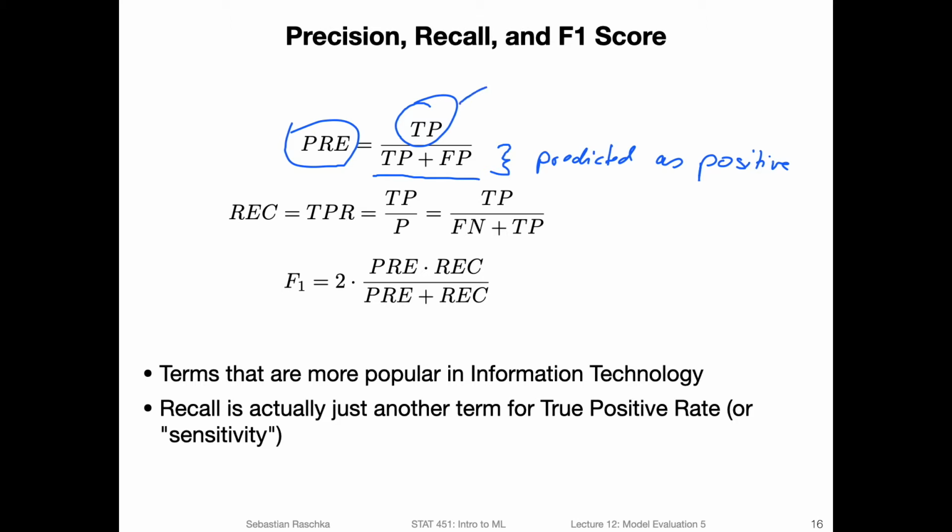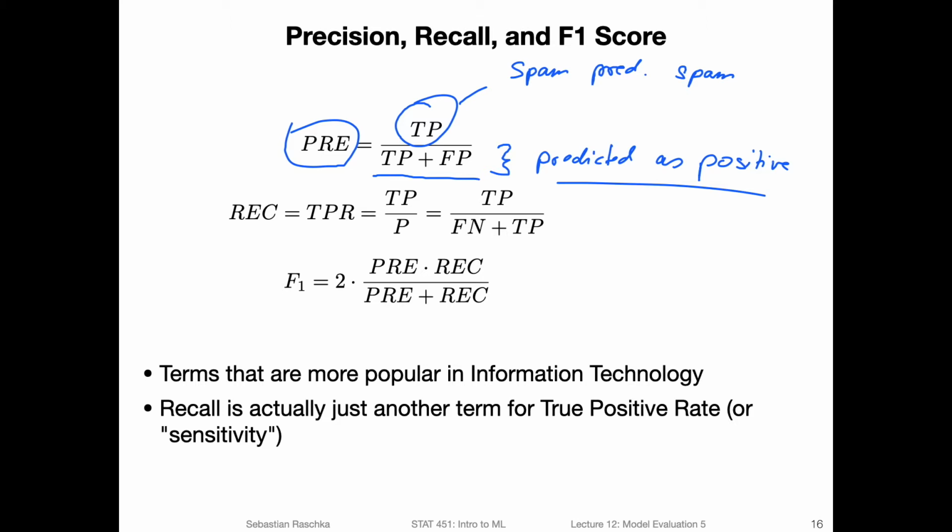So these are spam that is predicted as spam. And here are all the ones that were predicted as spam, which also includes the false positives, so non-spam email predicted as spam.